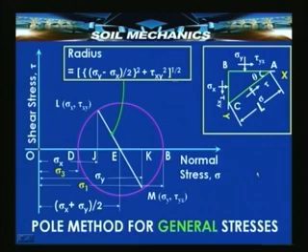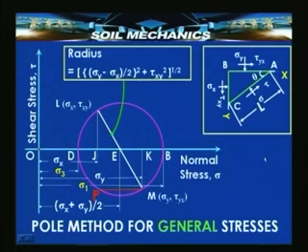For this, rather than plotting a line at an angle 2 theta as we did in the previous instance, we will now choose the point M and draw a line MP. Why do we choose point M? Because point M on the Mohr circle is a point whose stress coordinates are sigma y, tau xy.